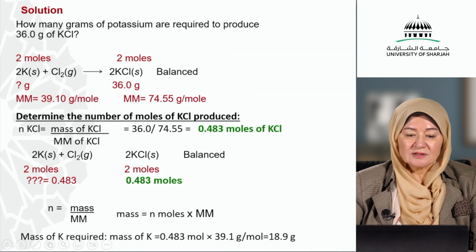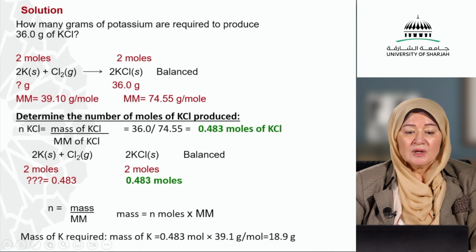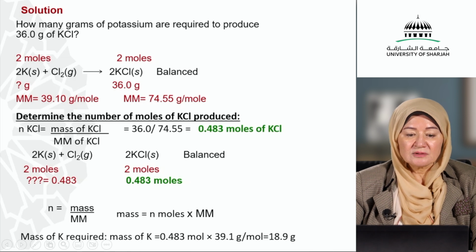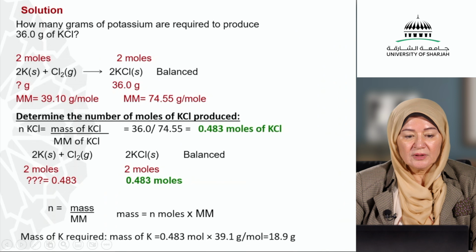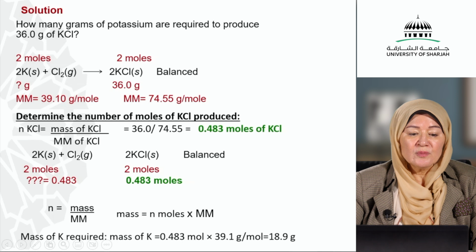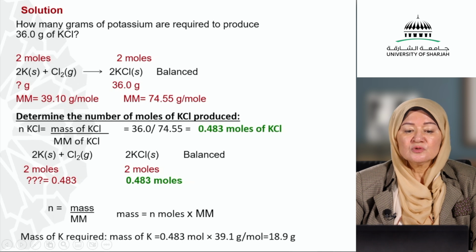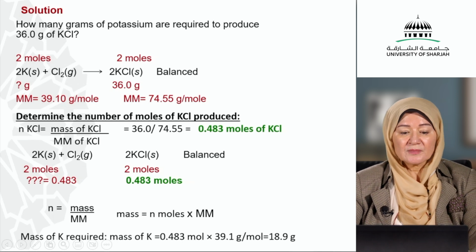The molar mass of potassium chloride is 74.55 grams per mole. The product is 36 grams of KCl. And here, how much did I start with in potassium? The coefficient: for every 2 moles of potassium, it gives me 2 moles of KCl.